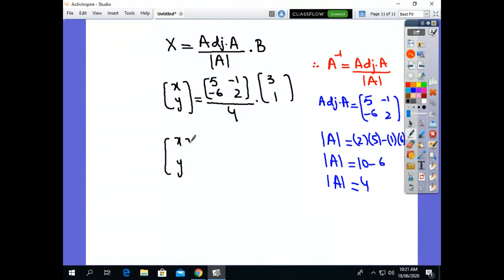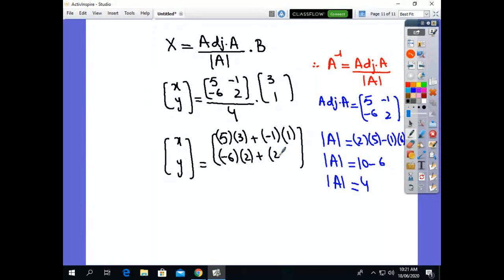We have, when we multiply 5 with 3, it becomes 15. That is 5 multiplied by 3. There is a positive sign in between them. -1 is multiplied with 1. Then -6 is multiplied with 3, plus 2 is multiplied with 1, whole divided by 4.